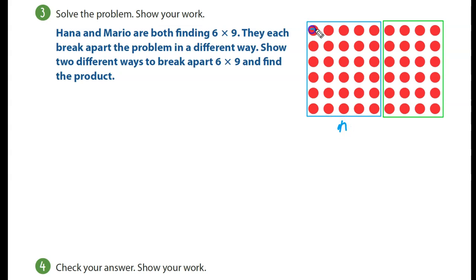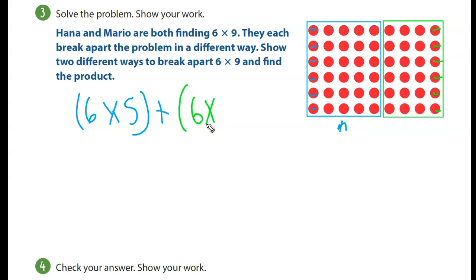So how many rows do I have? 1, 2, 3, 4, 5, 6. 6 rows. Times how many in each row? 1, 2, 3, 4, 5. Times 5. Plus. It's the green one. Here I still have 6 rows. 1, 2, 3, 4, 5, 6. Times 6.